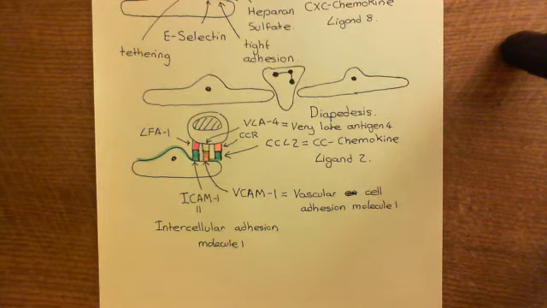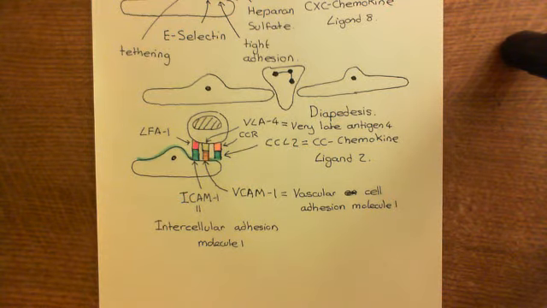Right, so this is how you're going to get monocytes sticking to the endothelium. These monocytes are then going to diapedese between the endothelial cells into the interstitial space, and when they get into the interstitium, they're going to differentiate into macrophages, and they're then going to phagocytose the microbe.